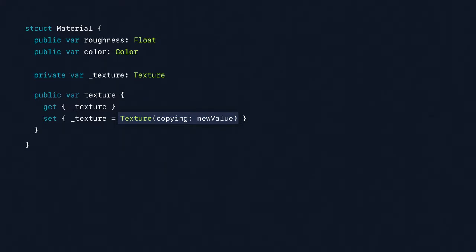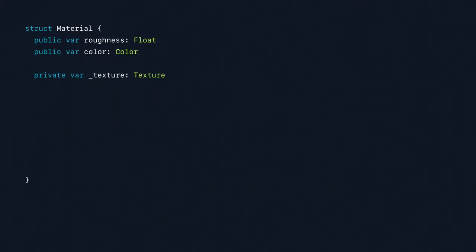And so let's consider another option, which is to not expose the reference type at all, and instead to just expose the properties we want on the object as computed properties on our material value type. So we can create a computed property, and in the getter, we just forward on to the relevant property of the object.